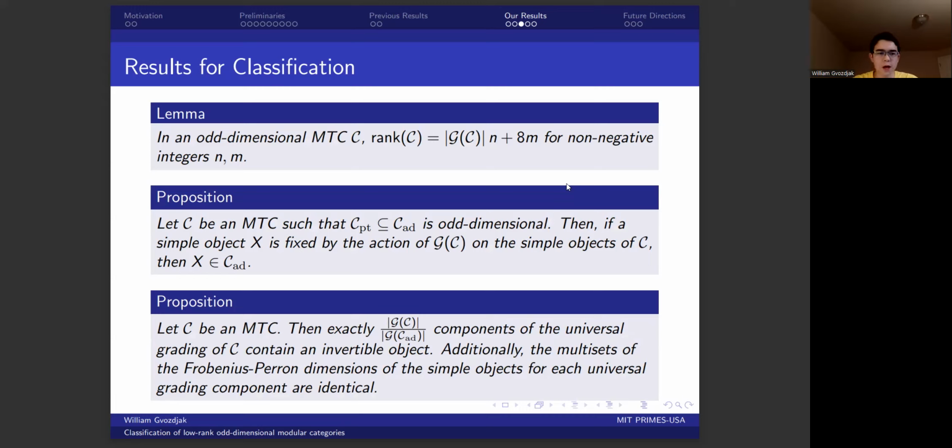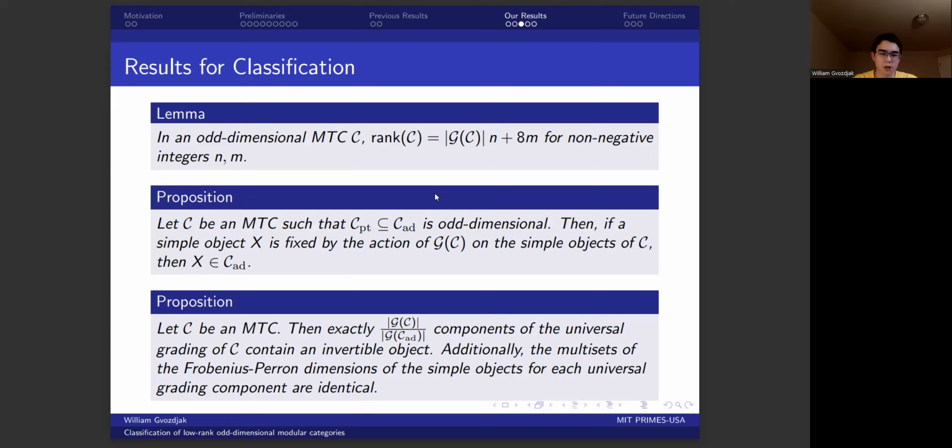Then we also showed that if C is a modular category that satisfies this condition, then if we consider the action of the invertible objects of C on the simple objects of C, then we know something about when a simple object can be fixed by this action and when it can't be. And this is useful because considering this action actually gives us a lot of information about the Frobenius pair dimensions.